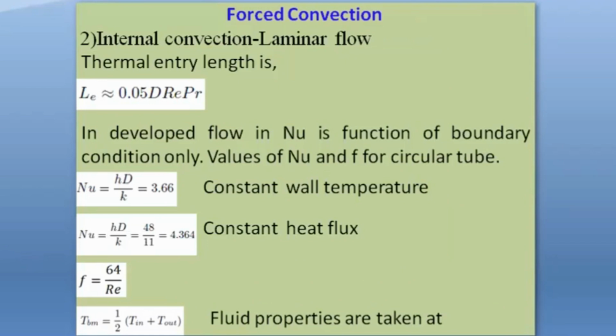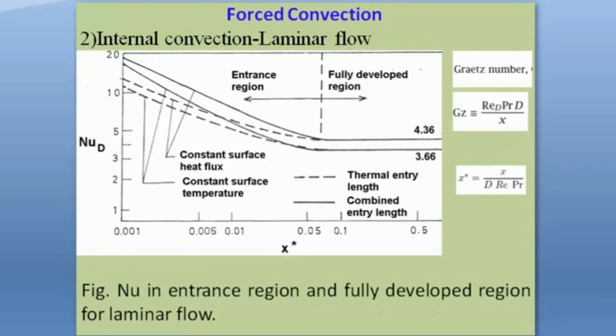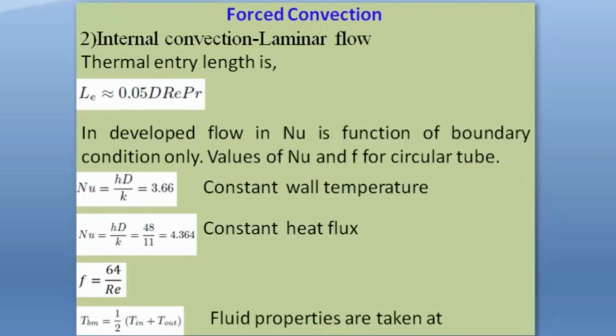Now the question comes of entry length. Entry length means what? Till the flow develops, that is called the entry length. And we cannot use the relation that Nusselt number is 4.36 for constant heat flux, or 3.66 for constant temperature. So we have to calculate entry length.